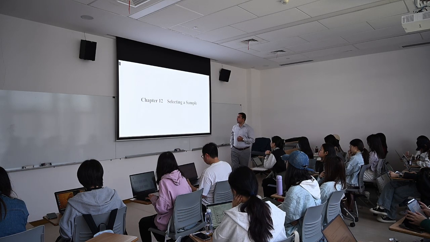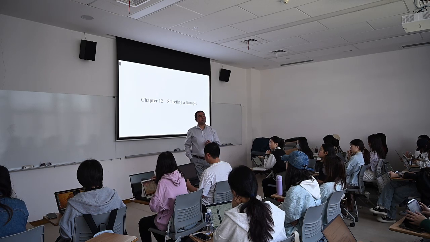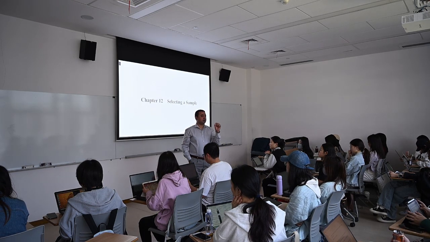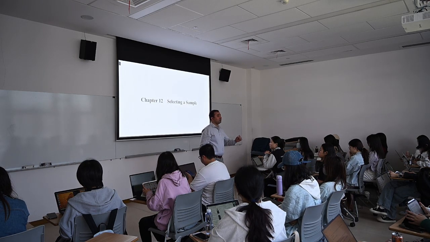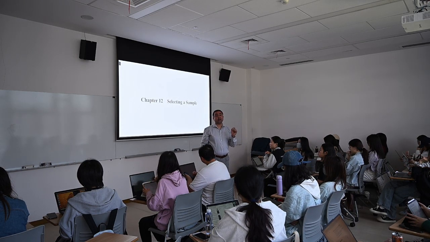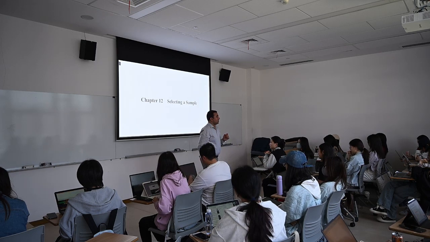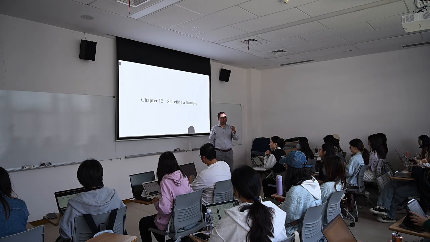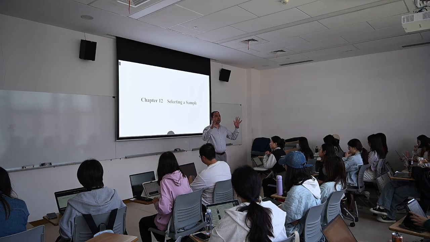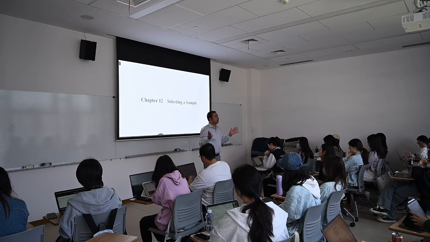This chapter is about selecting a sample. After you have decided about the data collection method, the instrument, the tool that we use in order to collect data for our research, then we need to select a sample. If you want to study the whole of China, it is not possible.